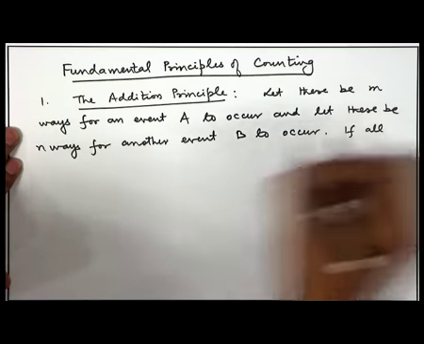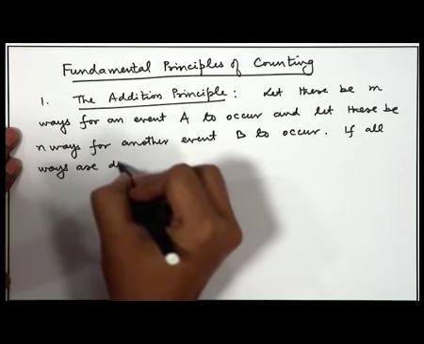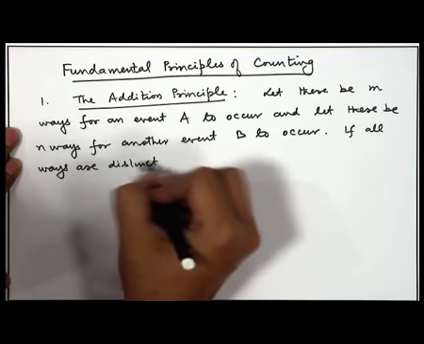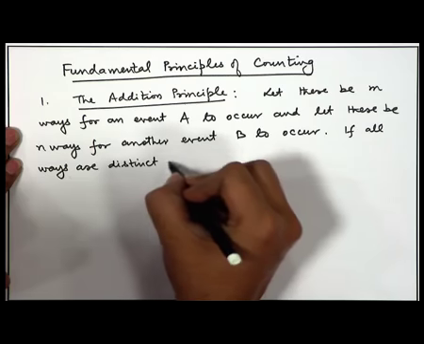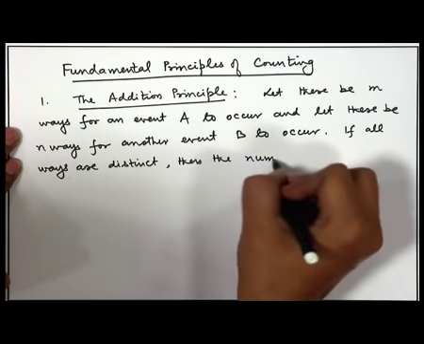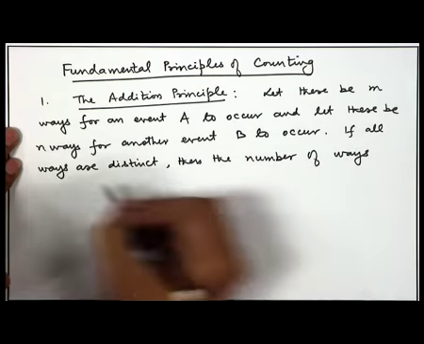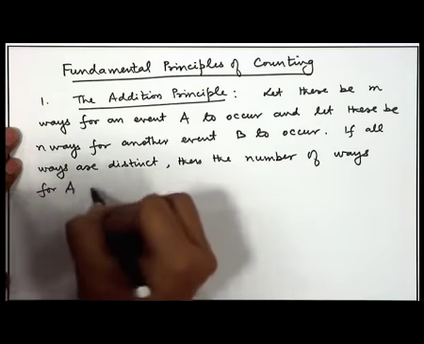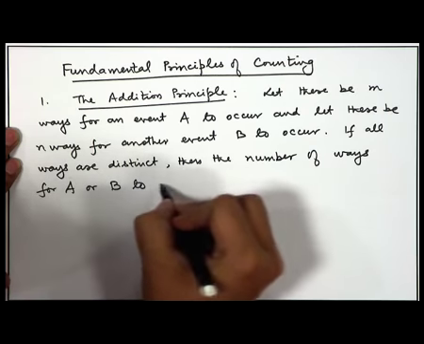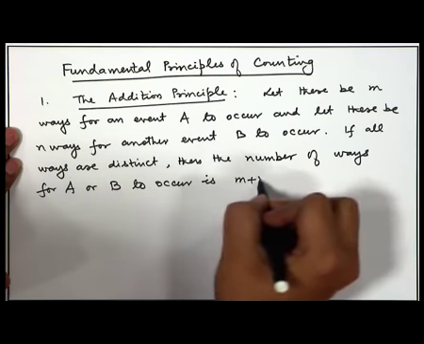If all ways are distinct, then the number of ways for A or B to occur is m plus n.